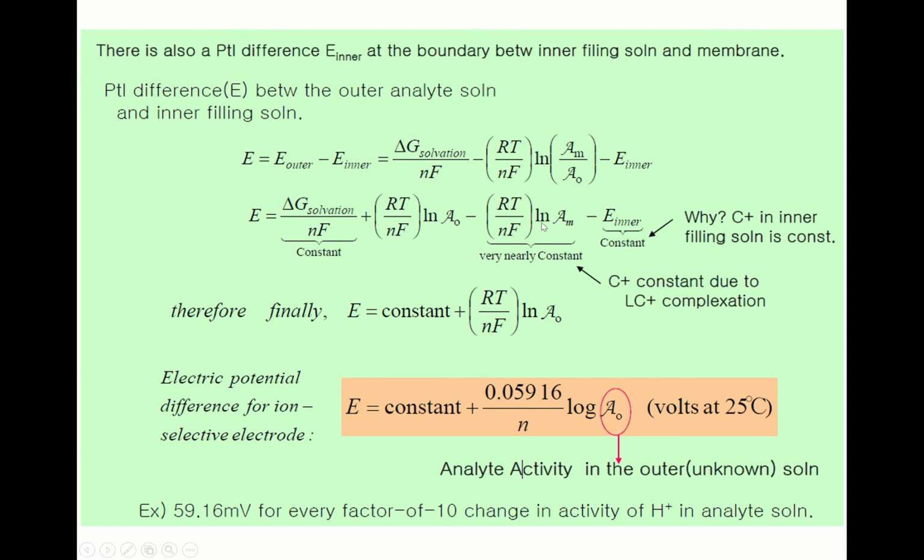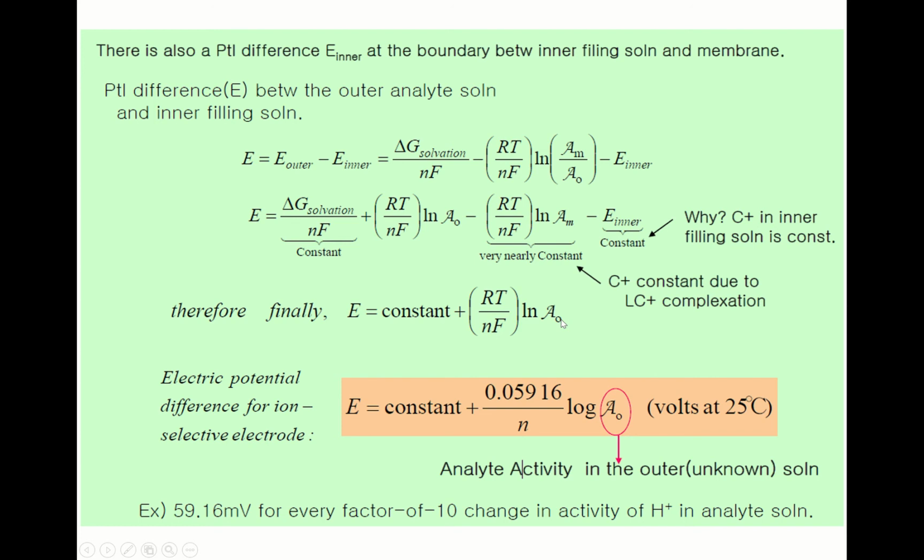The only variable is the outer analyte solution concentration, so it can be simplified. This is the final equation we arrived at: E equals constant plus RT over nF logarithm A_O, that is the outer activity.